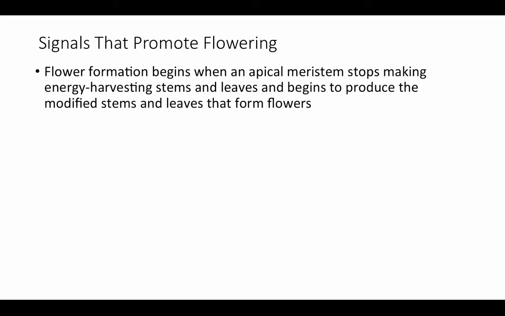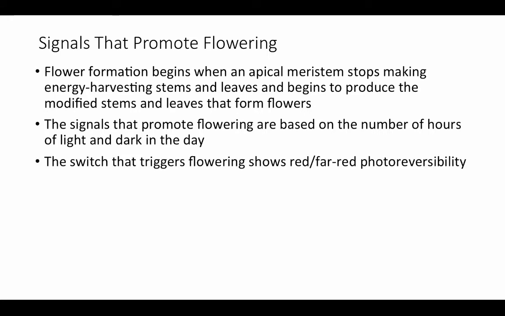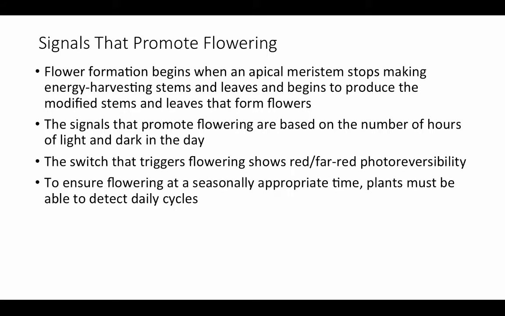So it's a switch over from one of these axillary buds forming stems and leaves, and instead they're going to form flowers. The signals that promote flowering are based on the number of hours of light and dark in the day. And the switch that triggers flowering shows red, far red photoreversibility. To ensure flowering at a seasonally appropriate time, plants must be able to detect daily cycles to be able to detect the changing of the seasons through the year.